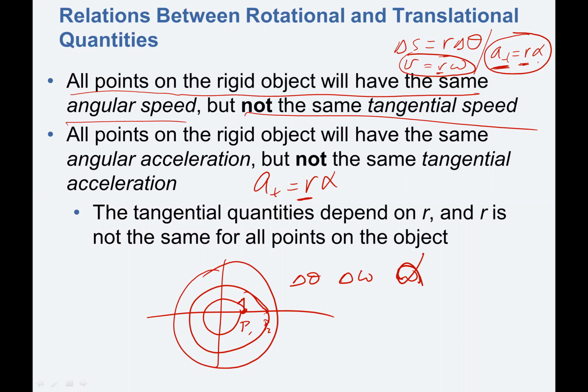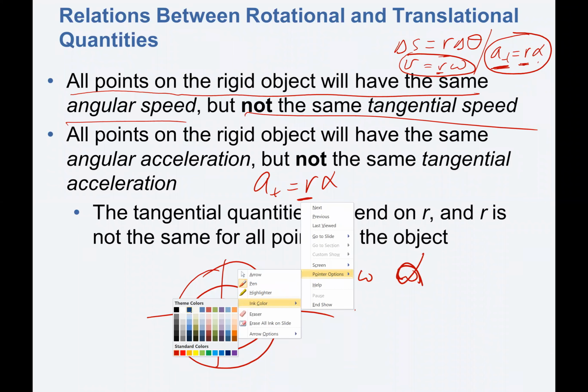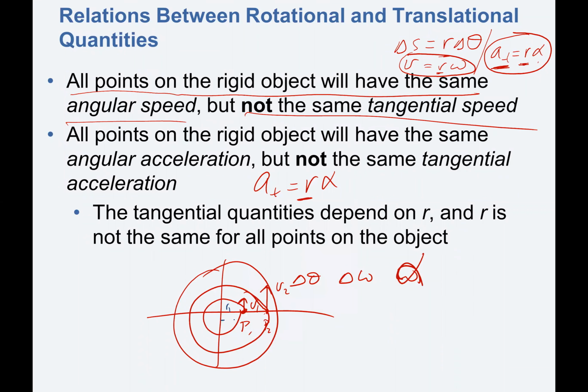But this is the tangential velocity of 1, and this is the tangential velocity of 2, because 1 and 2 have different distances. That means v1 is going to be less than v2, delta s1 is going to be less than delta s2, and a_T1 is going to be less than a_T2.